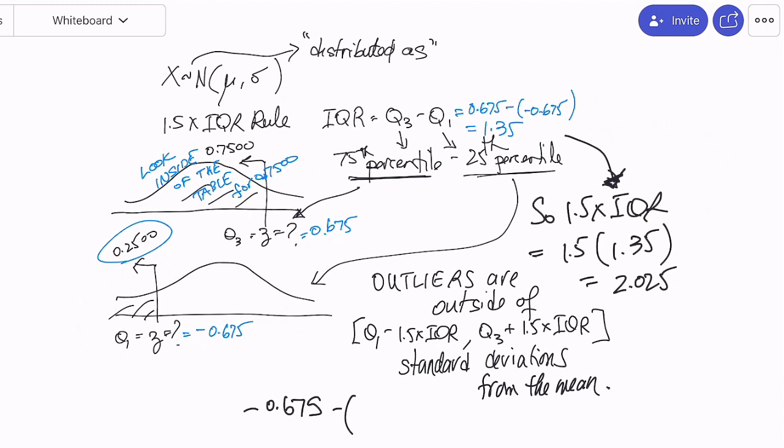So 1.5 times 1.35 gives you 2.025. So I'm going to subtract that from Q1, comma, and then I'm going to add it to Q3. And if you don't know what I'm doing, it's because you didn't practice the 1.5 times IQR rule, but you should be familiar with this if you've seen the videos.